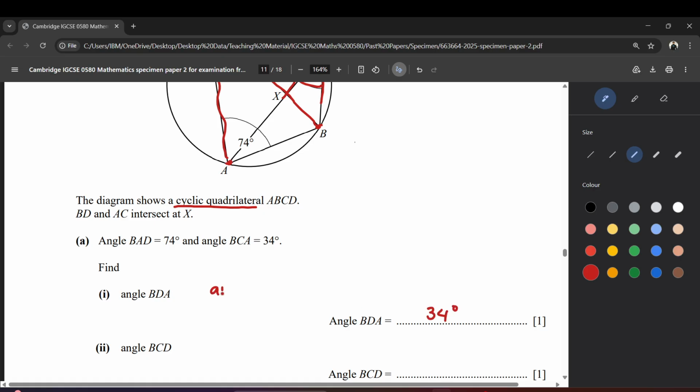Although they're not asking you to give the geometrical reasons, it is still good practice if you know them, to show how you have been able to work this out. Angles in the same segment are equal.